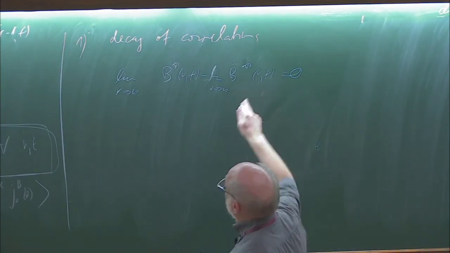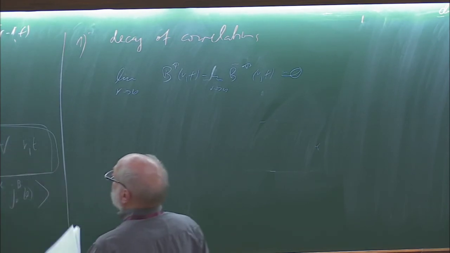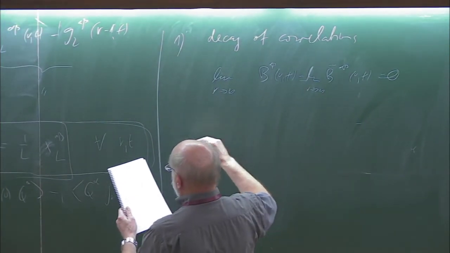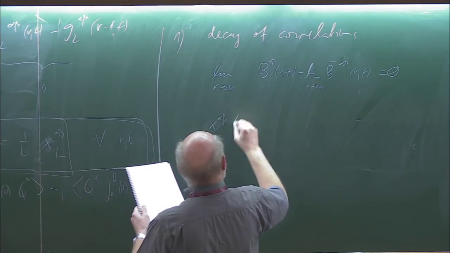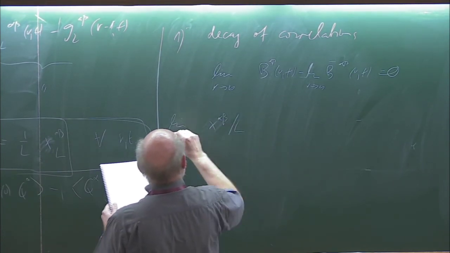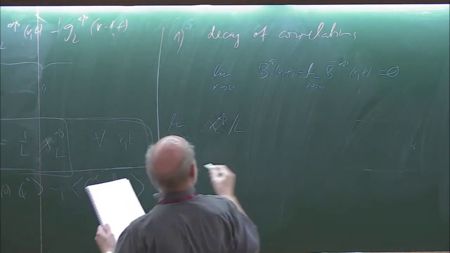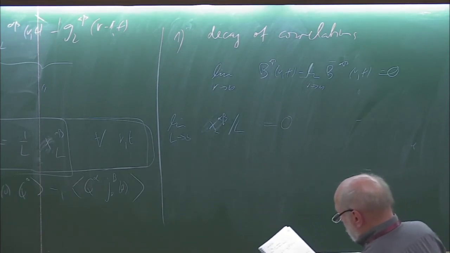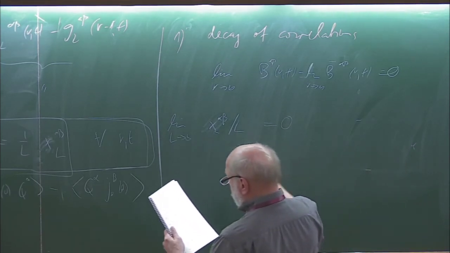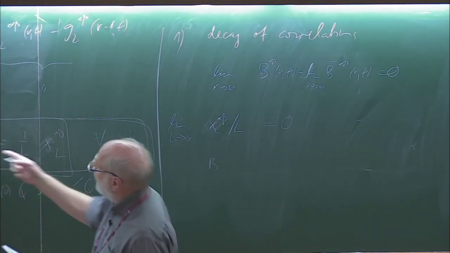Now, if this is 0, then it follows that this will be 0. And it follows that alpha beta over L, limit L to infinity, this has an L in it, sorry, is equal to 0. And then it implies also that this is equal to 0, right?